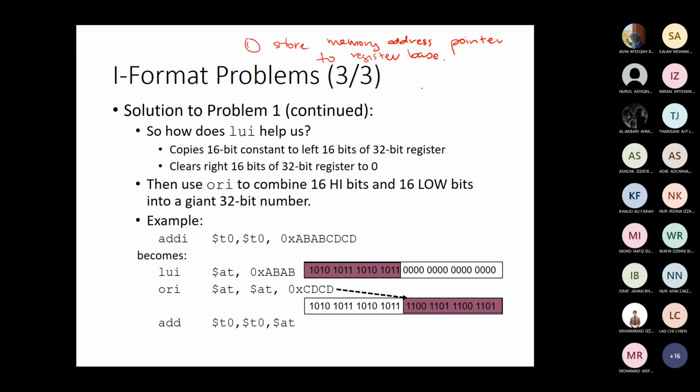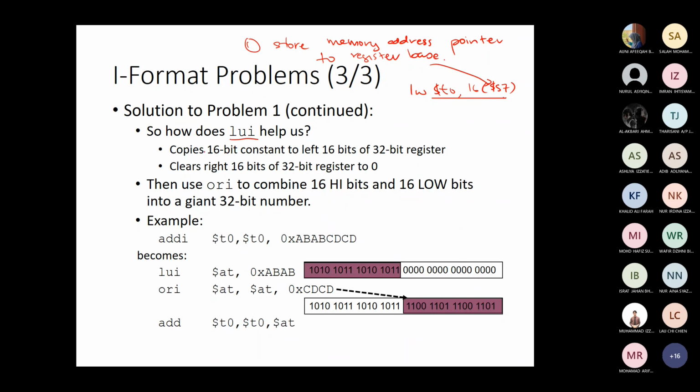For example, before you use load word register T0, 16, and then register S7, remember the exercises, S7 is the base register. Before you use load word, you must load the memory address pointer into S7. So how do you do that? You can use the LUI command. So that is one.